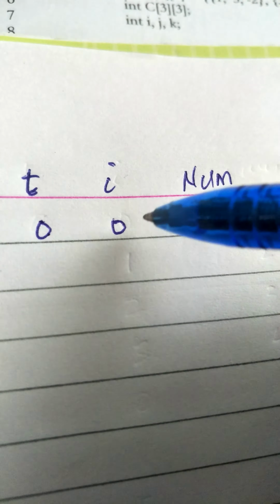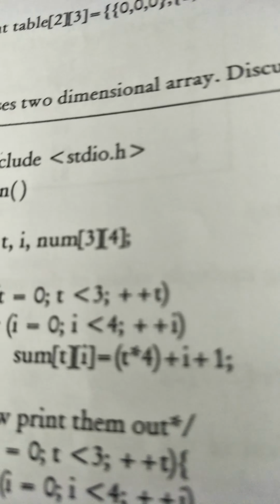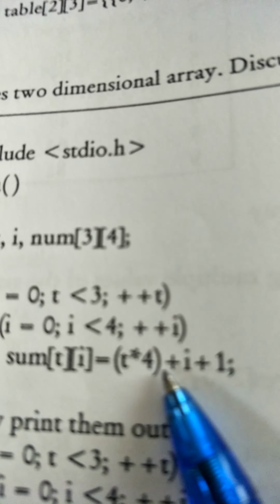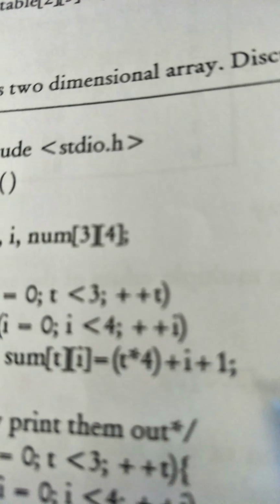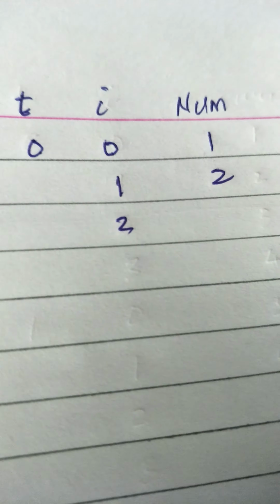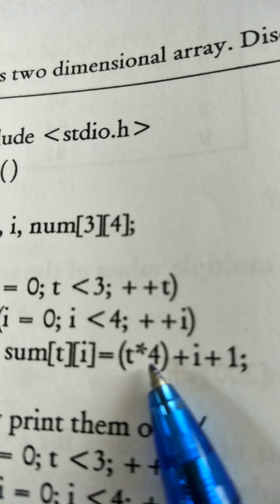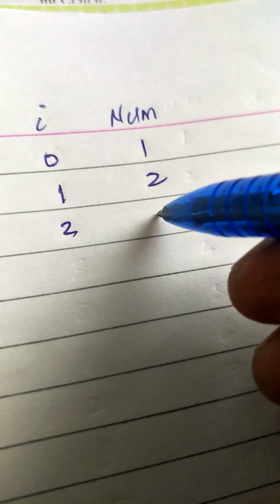Then it increases I; t is still 0, the inner loop I is 1, and it goes into that formula again: 0 plus 1 plus 1 gives you 2. Then increase I to 2, and do the computation again: 0, 2 plus 1 is 3, so you have 3.